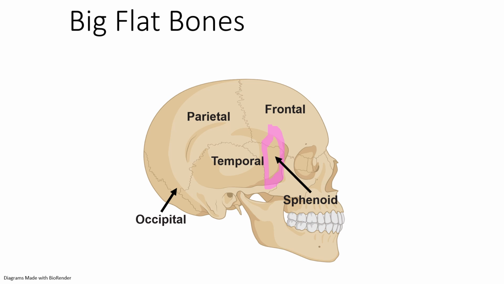We will identify many features on this bone when we open up the skull and take a look. These big flat bones are the bones of the skull that you can easily see from a superficial view.